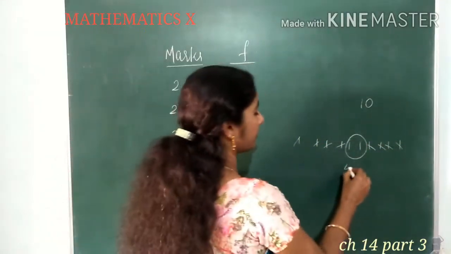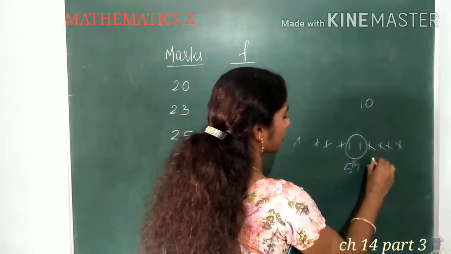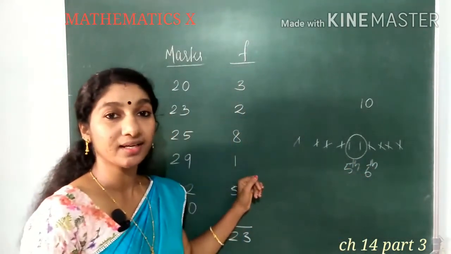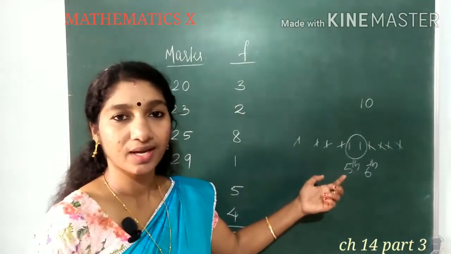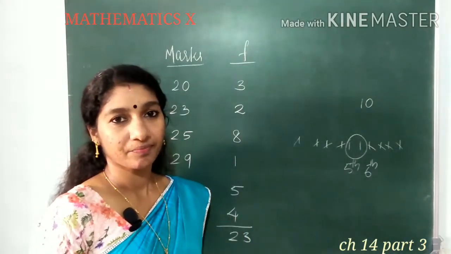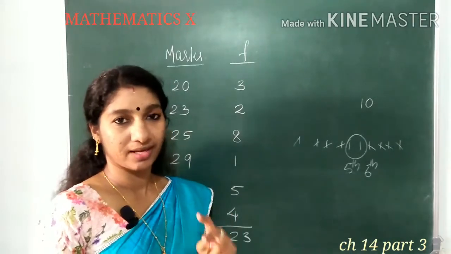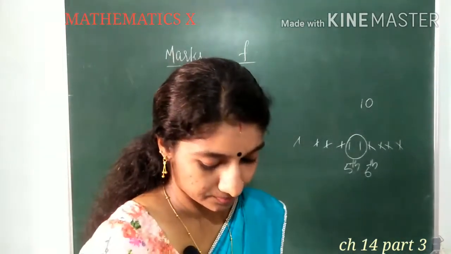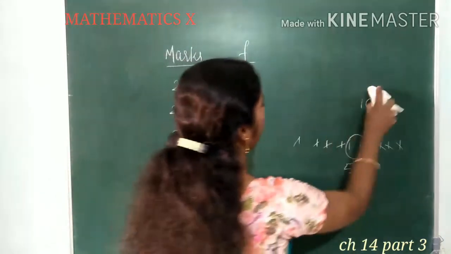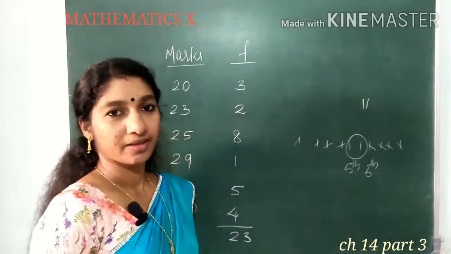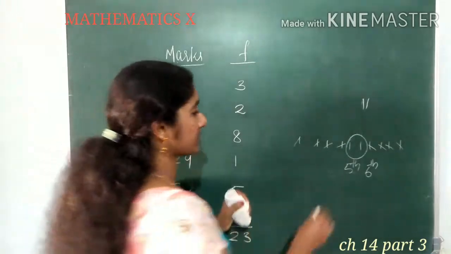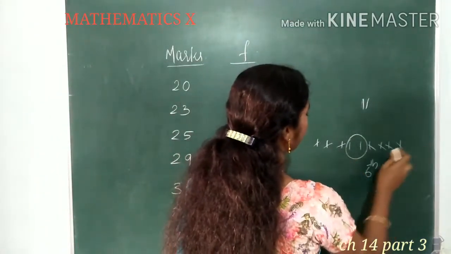That means the 5th position and 6th position, 2 values we are getting as middle values. Then we will find the average of these 2 values to find the median, since we got 2 middle values. Suppose there are 11 observations. Which will be the middle value? The 6th position only will be the middle value.